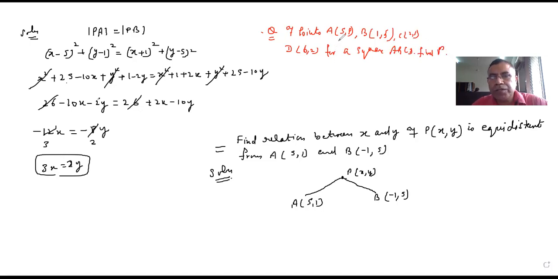I hope the digits are clear. A is (5, p), B is (1, 5), C is (2, 1), and D is (6, 2). Find the value of p.